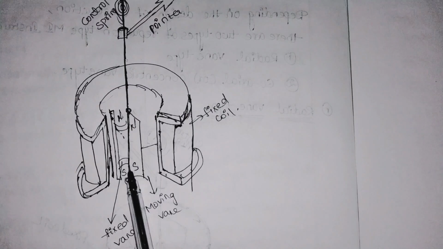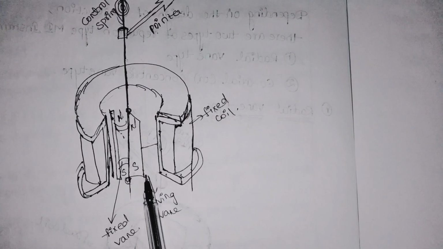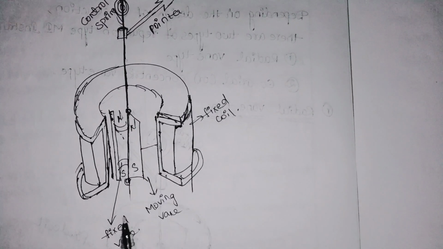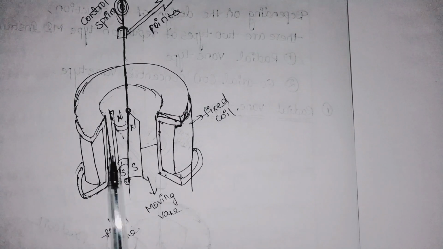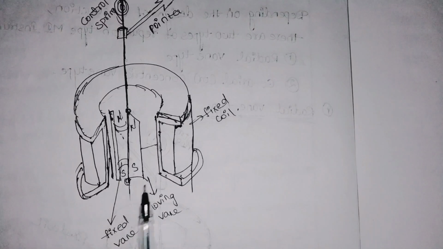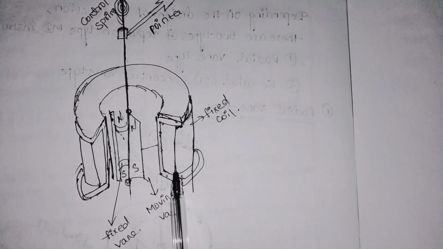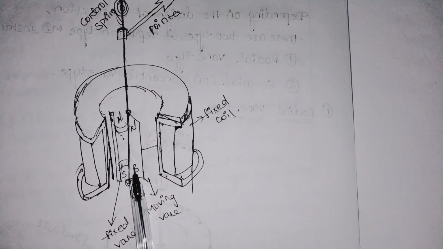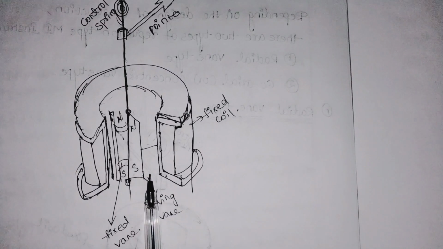One is the fixed vane and another one is the movable vane. But here the deflecting torque is directly proportional to the square of the current flowing through the coil. Compared to radial type instruments, these are much less sensitive instruments.